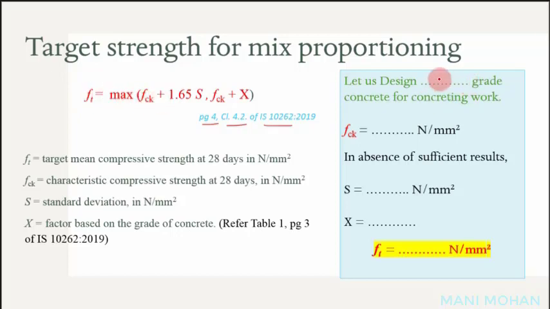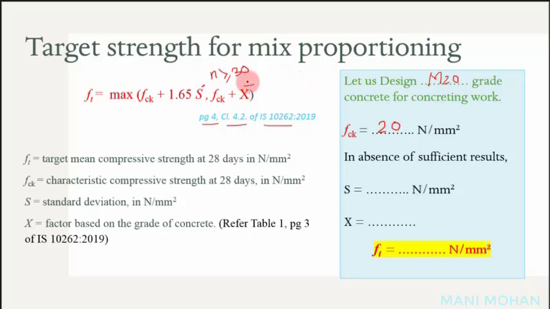Now let us design M20 grade concrete as an example. What is the characteristic strength? The characteristic strength is 20 Newton per millimeter square. Now the question comes, what should be your standard deviation and what should be the value of X? You can compute the standard deviation if you have more than or equal to 30 test results.